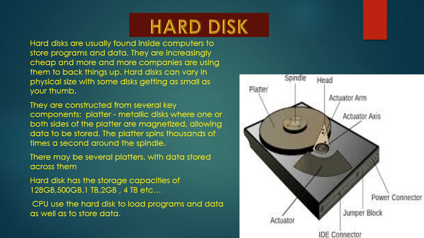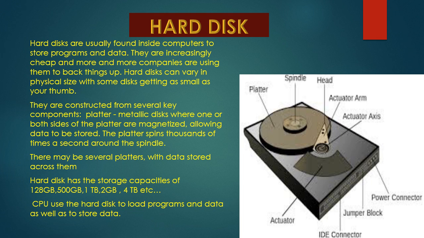It is important to note that both sides of the platter have their own read and write heads. The hard disk controller uses these heads to store and retrieve data from the disk. By arranging data on multiple platters, the performance of the hard disk can also increase.